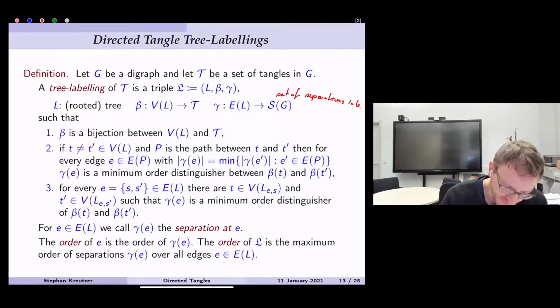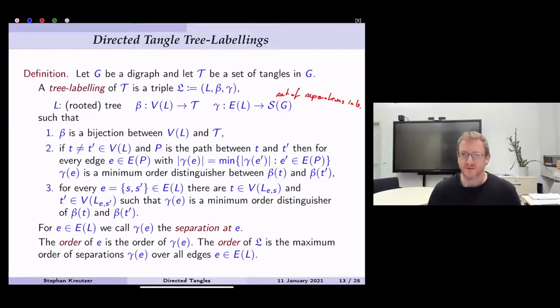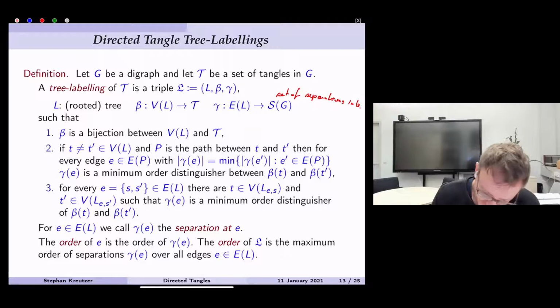And then we want the following properties here, namely again that this beta is just a projection between the vertex set of L and T. We could just have said that L has T as vertex set, it would have been the same thing. And we have two conditions here. One is that if we have two different tangles, T and T prime in L, and we look at the path between them, then we have this minimum order property.